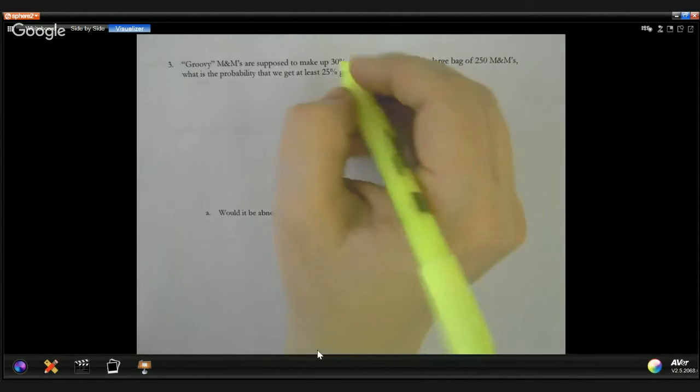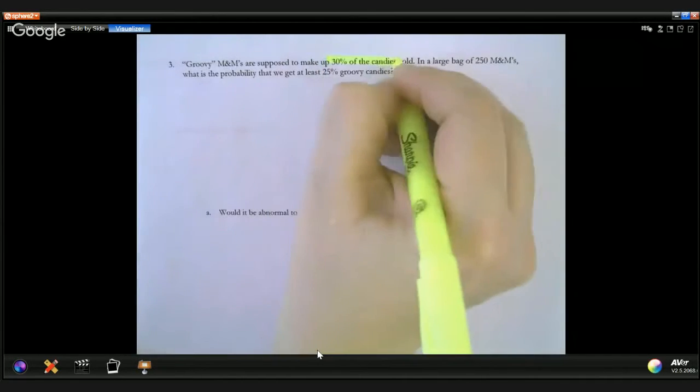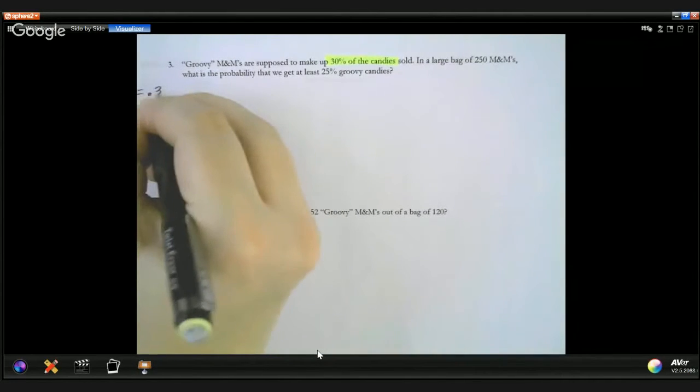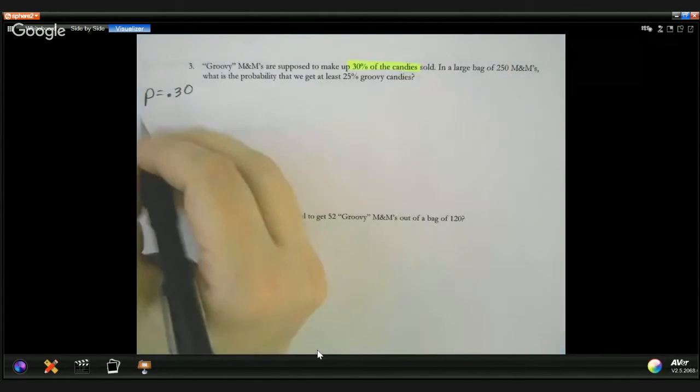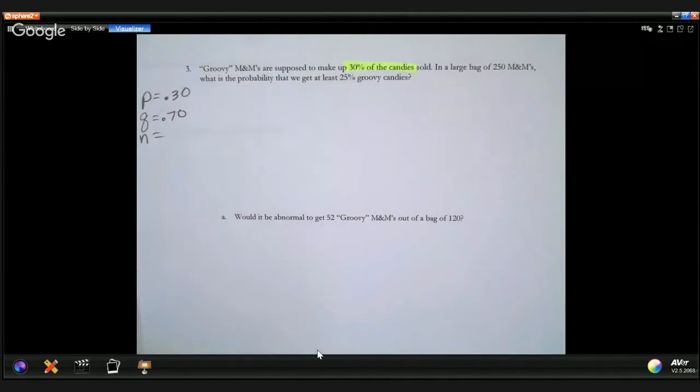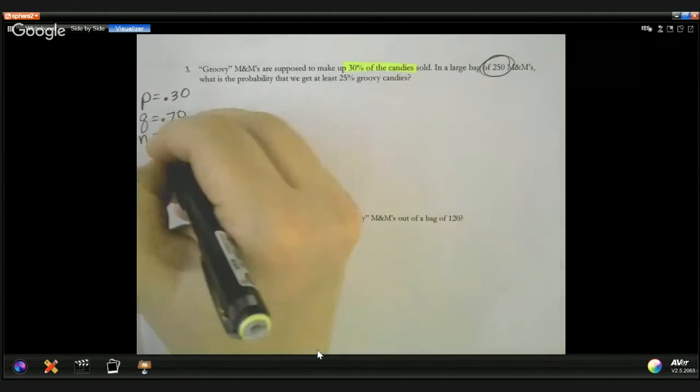Next one. Because we've already checked the conditions on a couple, we're not going to check the conditions here. We're just going to make sure we know what we're doing. And so it says 30% of candies. And so that means I have a P, a Q, and then an N. So I'm looking at 250 M&Ms.